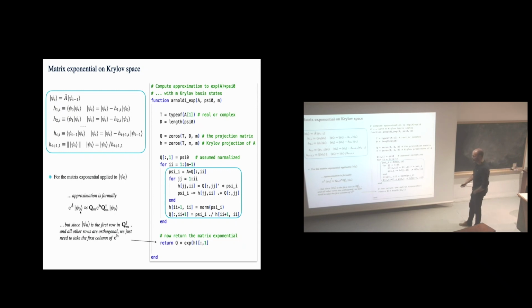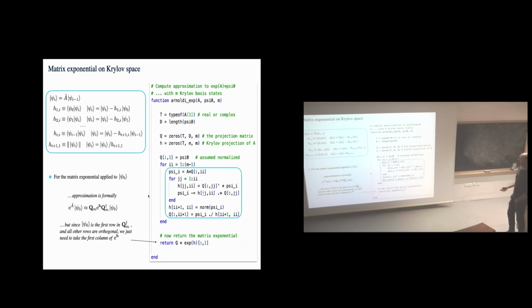That's an approximation of my state e to the A psi 0. But because my psi 0 is already in this matrix, it's the first row in Q_M dagger by construction, I can return just the first column of the matrix exponential, multiplied with this Q matrix.